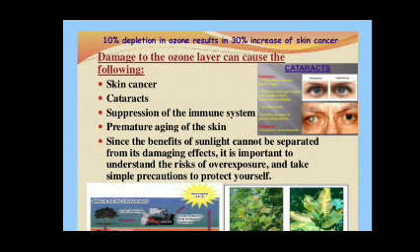A 10% depletion in ozone results in a 30% increase in skin cancer. Damage to the ozone layer can cause the following. The first one is skin cancer. The second one is eye cataract. The third one is suppression of the immune system. Premature aging of the skin.